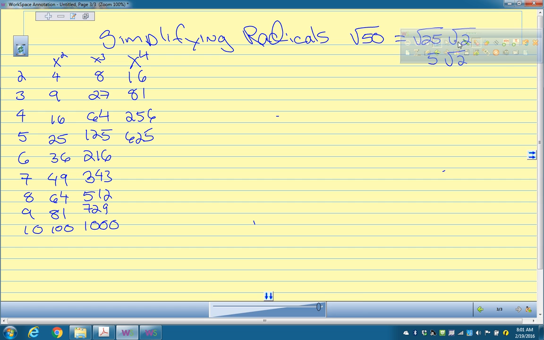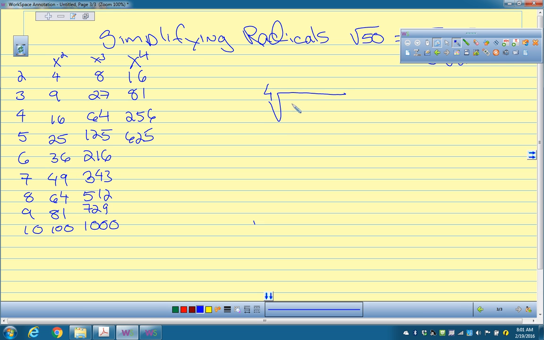Okay, so what if I wanted to do the fourth root of 810x to the 9th? Is there a fourth root inside of 810?